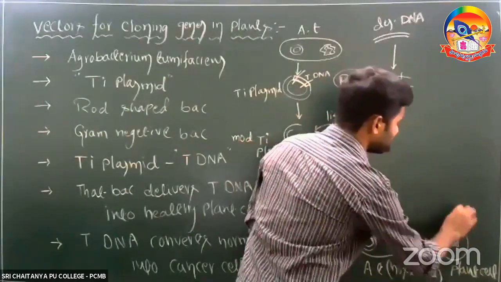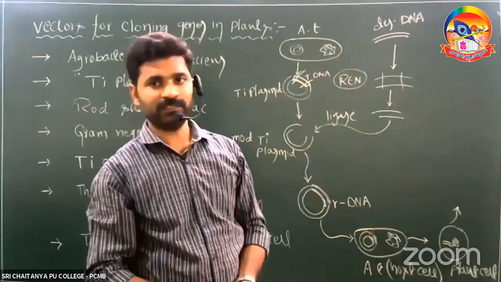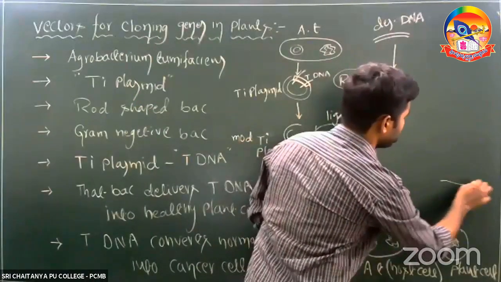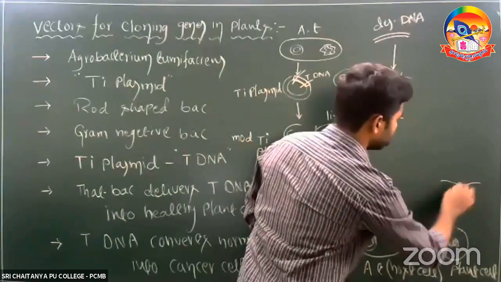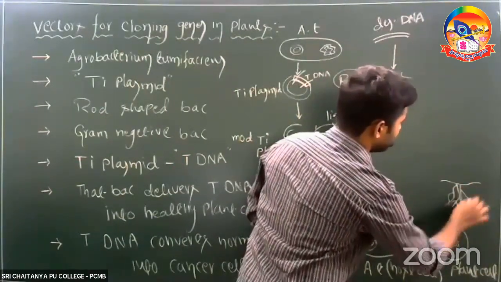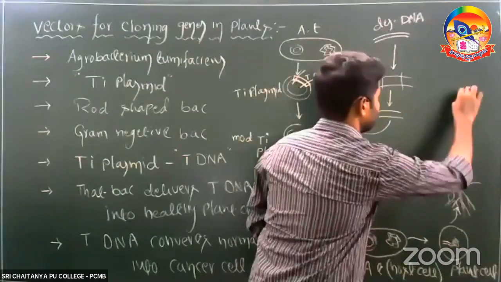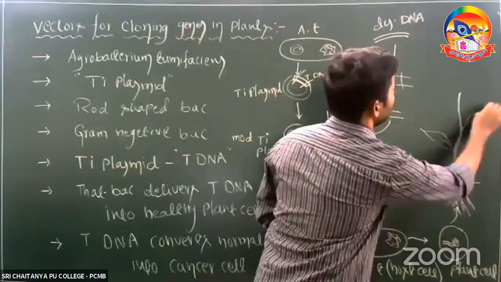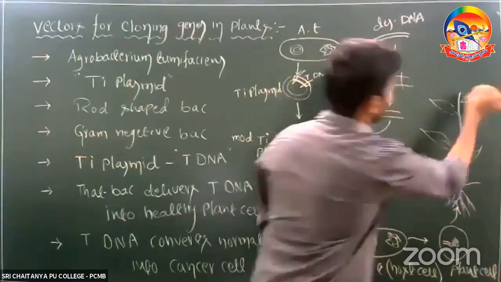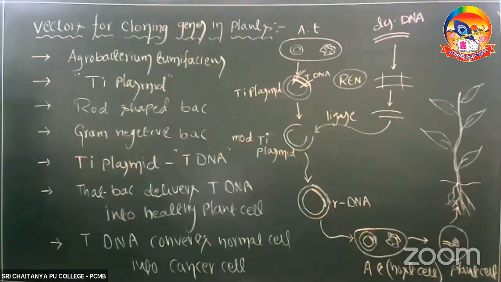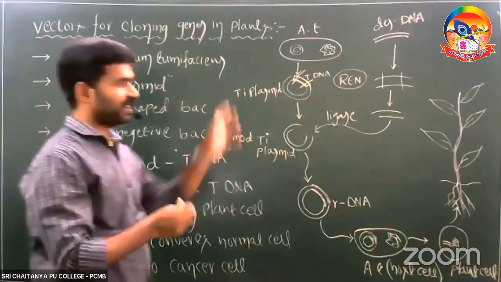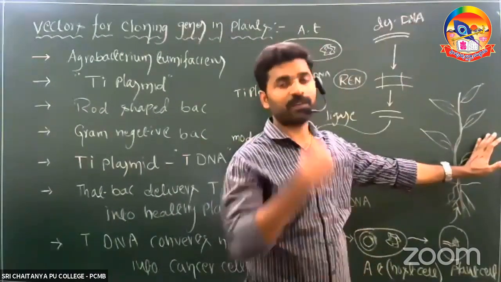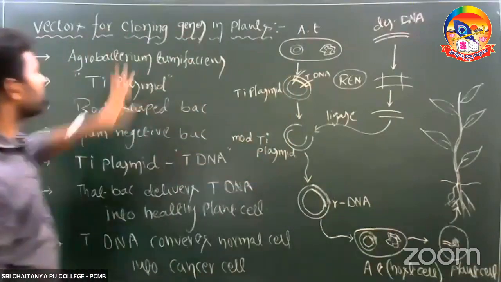When we culture that plant cell by using the tissue culture method, it results in the formation of new plantlets, new plantlets with desirable genes. In this way, for insertion of desirable or required genetic material into the plant cell cytoplasm or plant body, what type of plasmids are we using here?